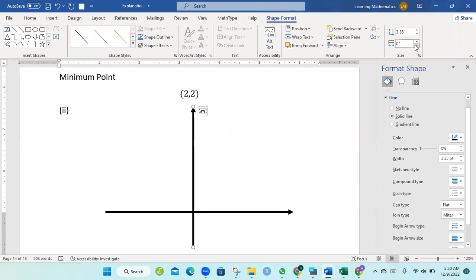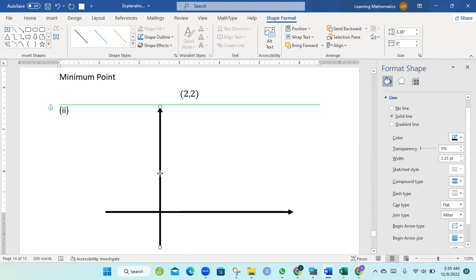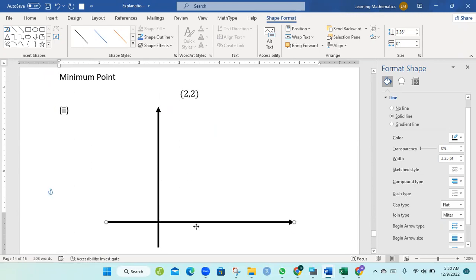Now we know the minimum point is (2, 2). So the curve will be in the first quadrant. There will be no roots, there will be no x intercept.